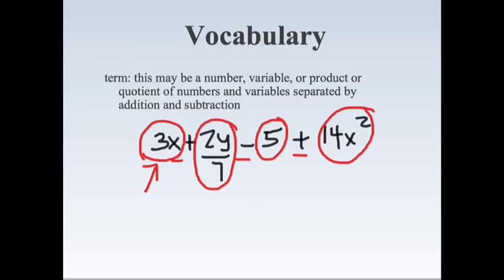You can't separate x squared and say, oh, that's a term. That's not a term by itself. In this problem, 14x squared is a term. In this problem, 2y over 7 is a term, even though it's being divided by that 7. And the reason I'm pointing this out is because I really want you to have an idea that terms are separated by addition and subtraction, not division and multiplication.